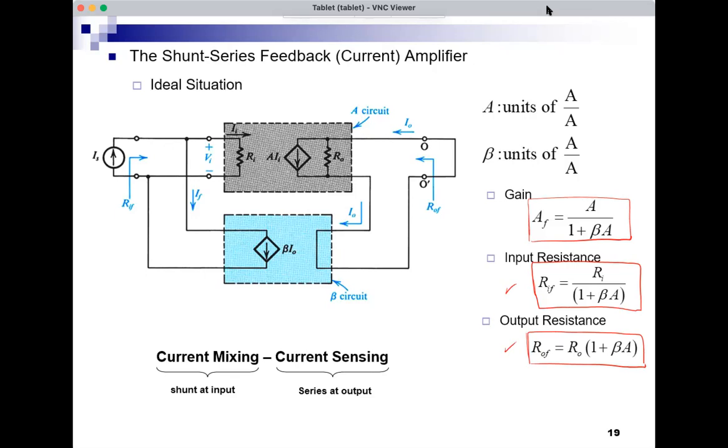So in all cases, the input resistance is improving and the output resistance is improving, depending on whether the input quantity is a current or voltage and the output quantity is a current or voltage. We get either a multiplication by 1 plus beta A or a division by 1 plus beta A, so that the quantity RIF, input resistance with feedback, or ROF, output resistance with feedback, moves in the right direction.